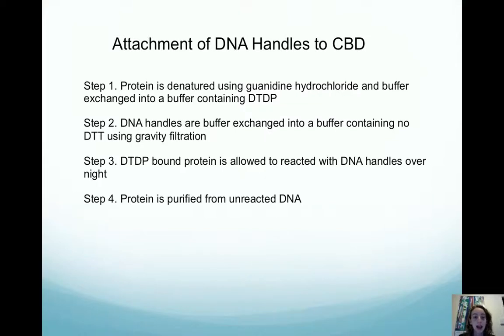And then we had to do a buffer exchange with the DNA so that it was out of DTDP, and then immediately put it with the protein and allow it to react overnight. And then we actually purify the protein from the unreacted DNA before setting it up in the molecular tweezers trap.